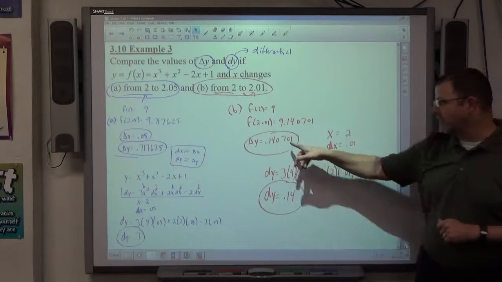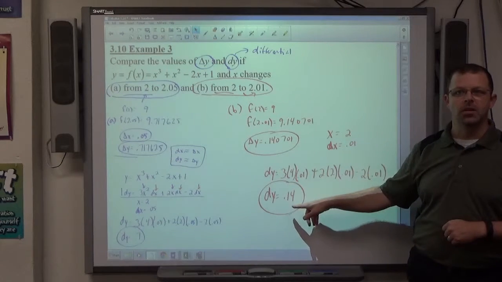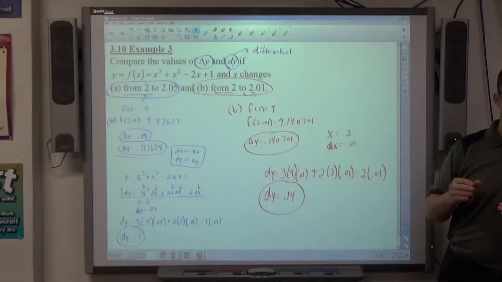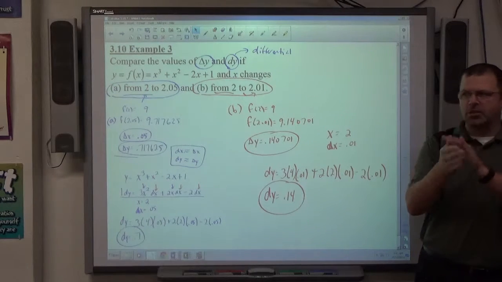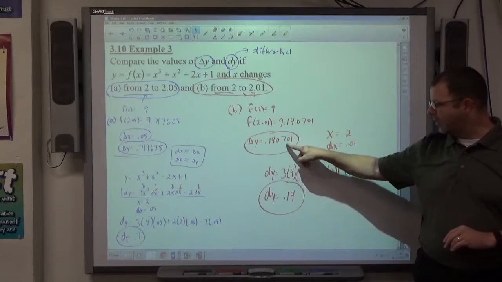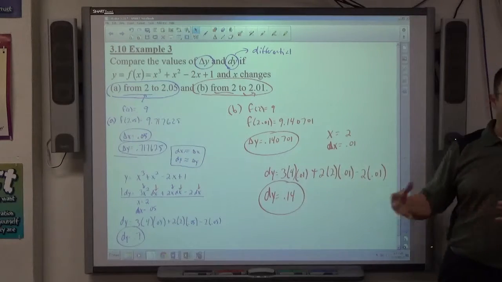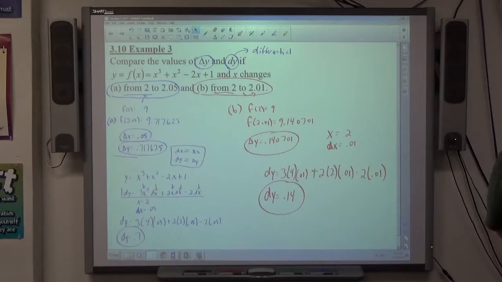Because again, they're not equal. They're never going to be equal. But they're going to be really close to being equal. And the closer you get that change in x to be, the more accurate this comparison is going to be. And that's one of the goals of this section, to get really close to increase accuracy.